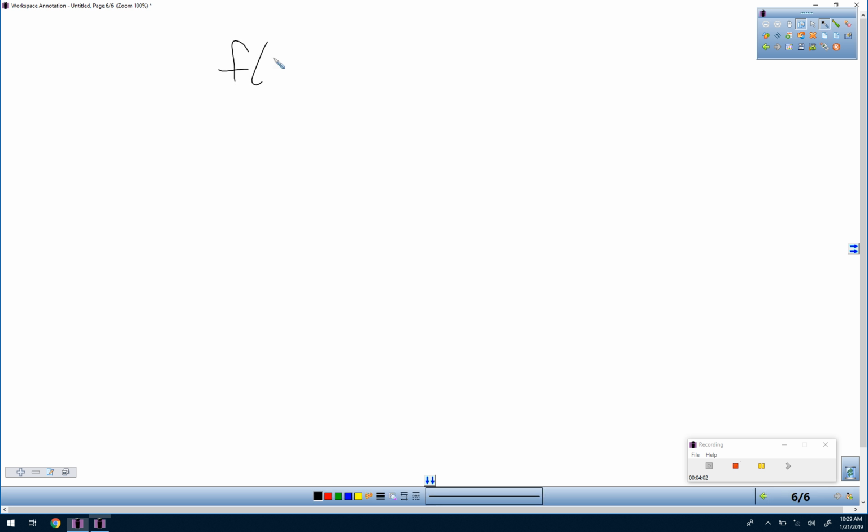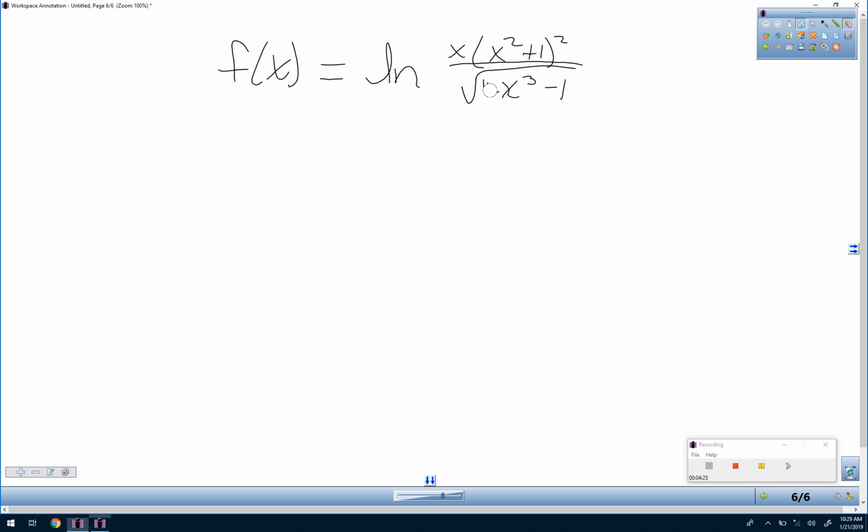So let's say I have the function, and it is ln of x times x squared plus 1 squared over the square root of 2x cubed minus 1. And again, we have no rules for the derivatives of radicals.